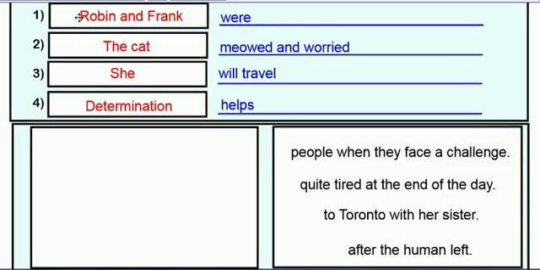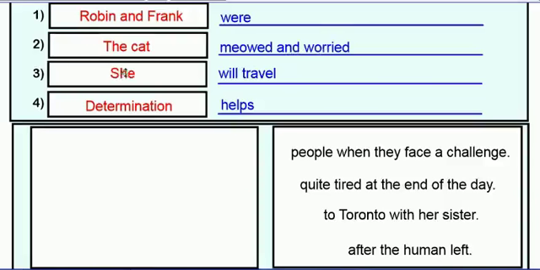So this first sentence is about Robin and Frank. That's the subject, and the verb is were. The second sentence is about the cat, and the verb is meowed and worried. So the cat did 2 things, and that's fine. The cat could do as many things as you want. You could have as many verbs as you want. It might be a bit of a weird sentence, but you could.